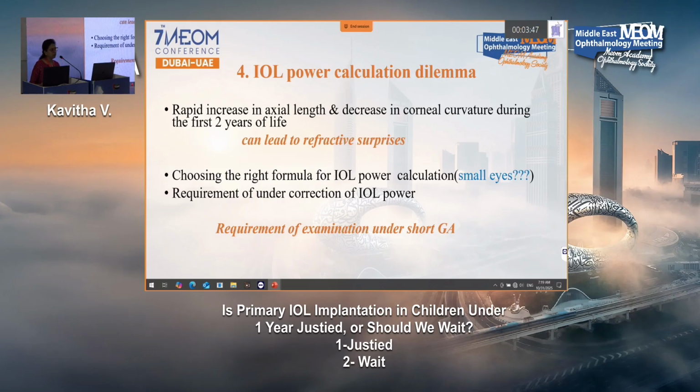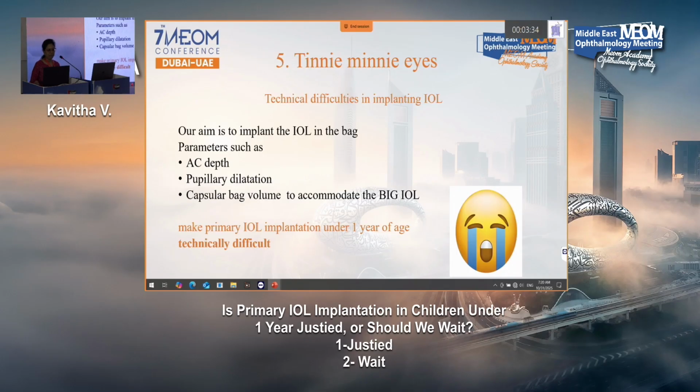Yet another factor is choosing the right IOL formula for these small eyes and getting the right IOL power. We need to undercorrect the IOL power, so this requires an examination under short GA.